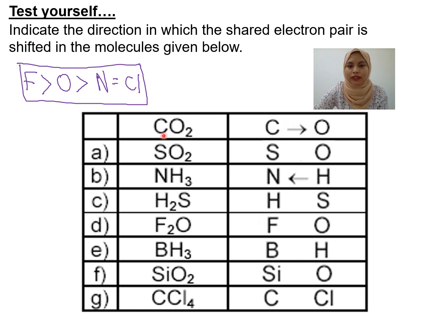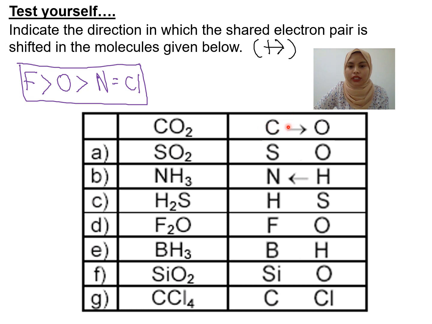So for example, if let's say you ada carbon dioxide, so bila you nak lukis dia punya dipole moment kan macam ni. So when you want to draw the dipole moment, show it. Dia akan menuju daripada mana ke mana. So for example, in here oxygen is the most electronegative atom, one of the most electronegative atoms compared to carbon.